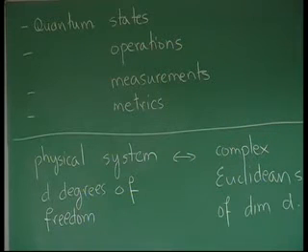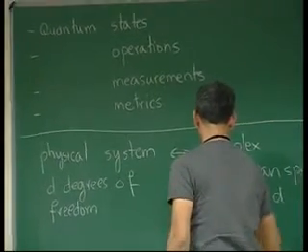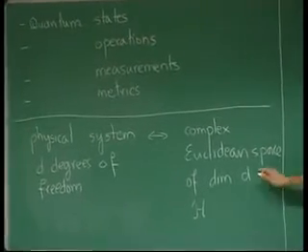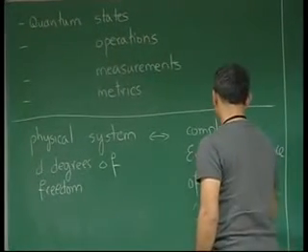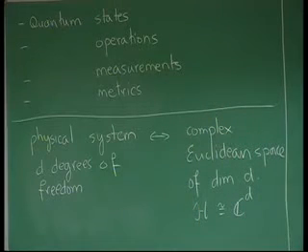In this talk, I'll denote such spaces by calligraphic letters like H, and when I know the dimension, which is in this case d, I might even write it as C to the d.